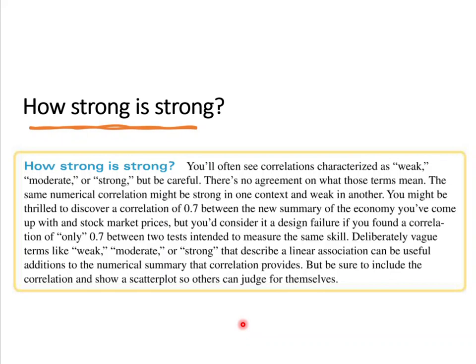However, she said in her criminal justice studies, they would be perfectly okay with an r value of something around 0.7. That would be considered strong for them.